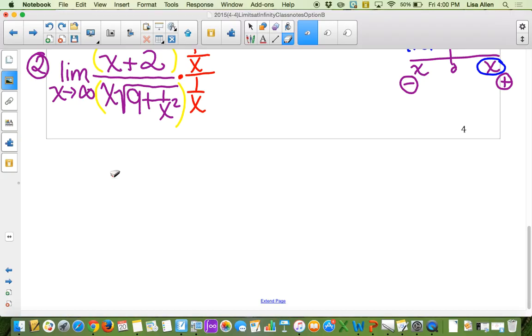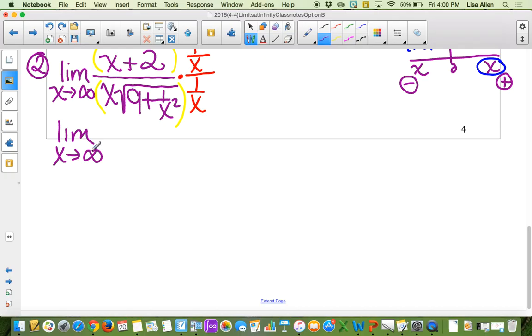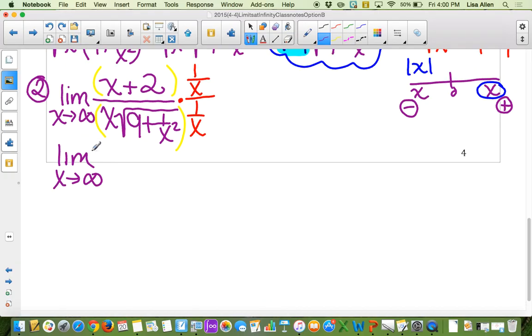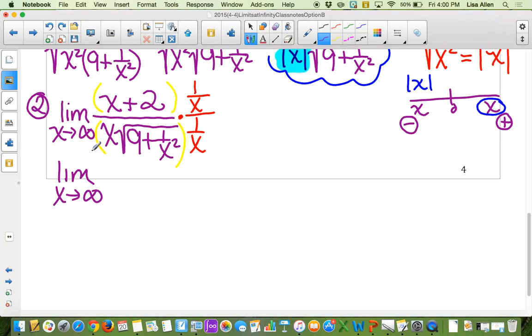So this limit then is equal to the limit as x approaches infinity of x times 1 over x, let me scroll that down just a little bit, would be 1 plus 2 over x, all over the square root of 9 plus 1 over x squared.